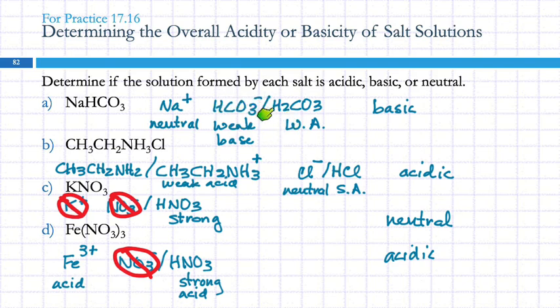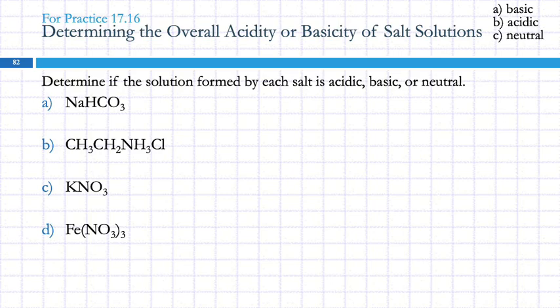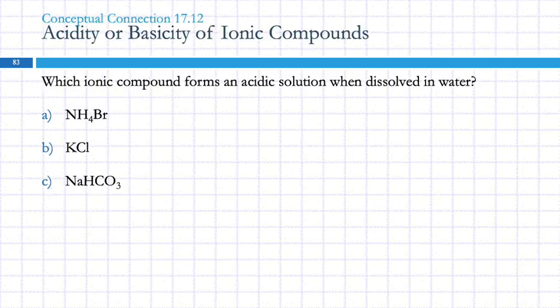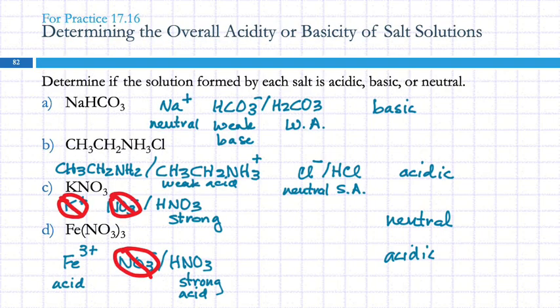And so that can help you to remember, well, this is the possible base, that's the possible acid. Or I guess you could do alphabetical order too. The possible acid comes before the possible base. Basic, acidic, neutral. Any questions about that one? We got one more and then we're going to stop.